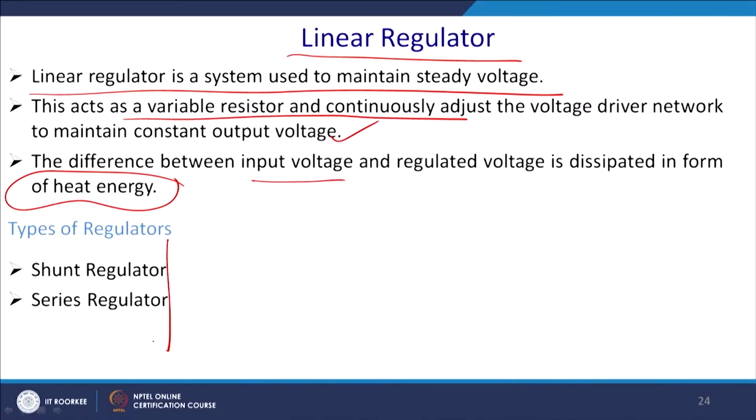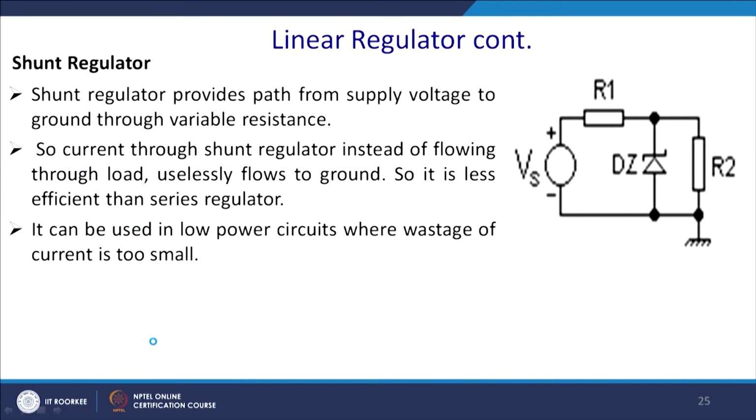So, there are two types of regulator, one is the shunt regulator, another is the series regulator. The shunt regulator you can simplify like this, as you have studied in analog electronics. You have a current control resistance and a zener, you will have a sharp cutoff voltage and you will get a regulated voltage here. So, the shunt regulator provides a path for the supply voltage, but there will be a constant power dissipation across this R1.